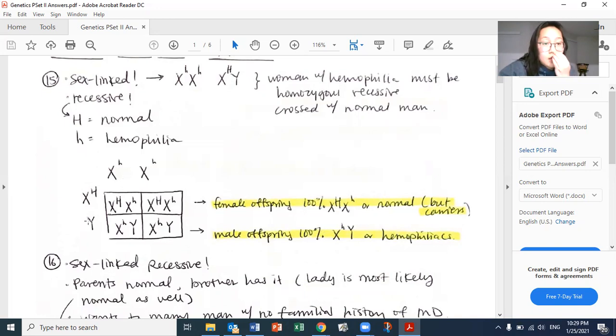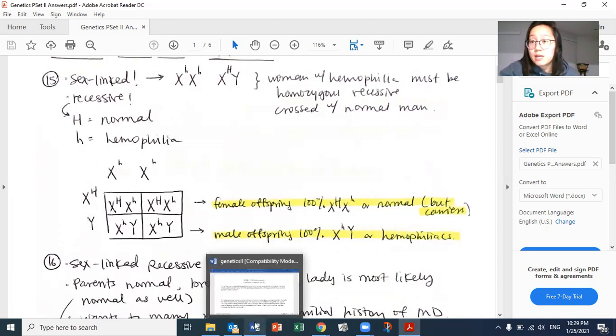That's because when the father gives the Y gamete, the mother is the only one providing the X, and the only X gametes that she is providing have alleles that are all lowercase h. So all of the male offspring will have hemophilia from this cross or from this marriage.